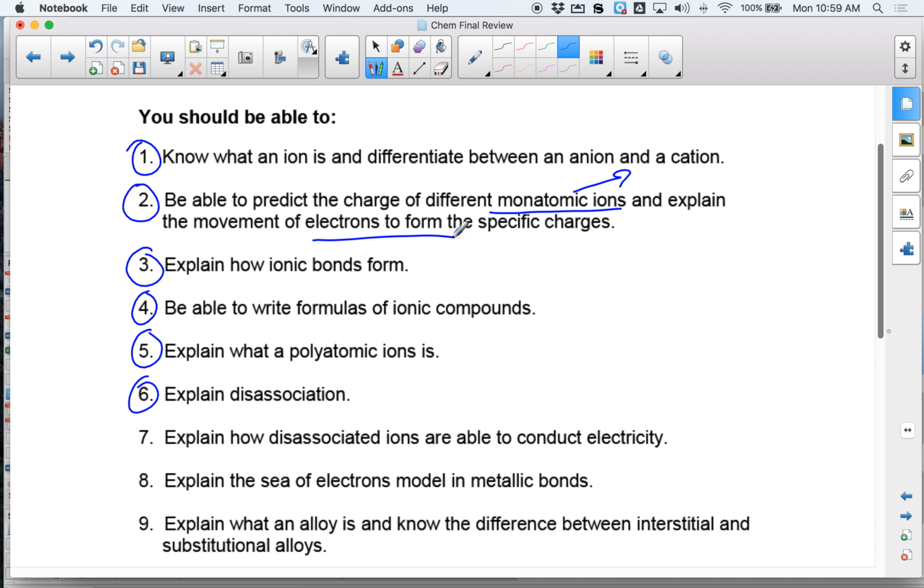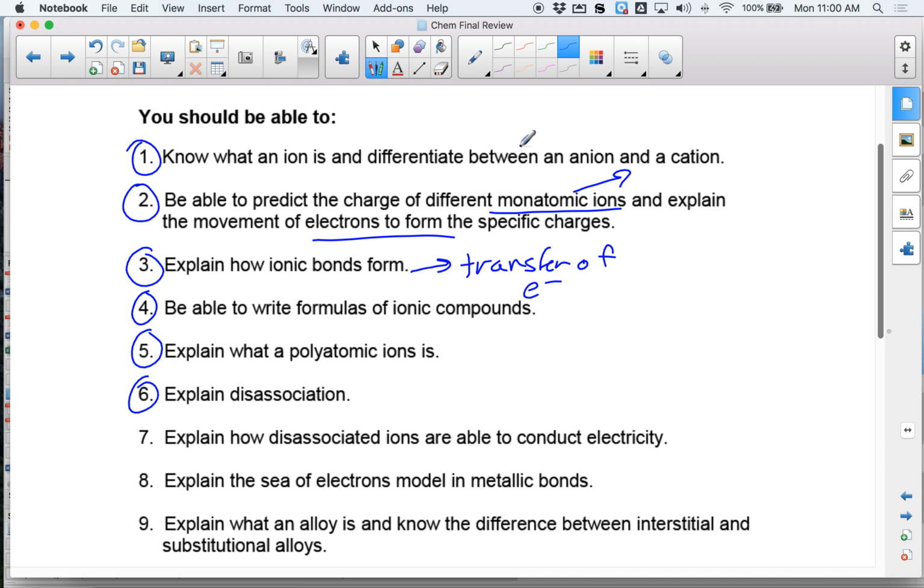All right, number 3 says explain how ionic bonds form. Remember, ionic bonds form from a transfer of electrons. They're going to form ions that come together.